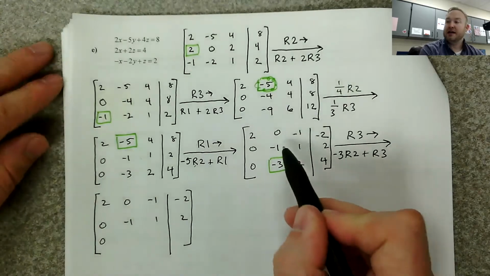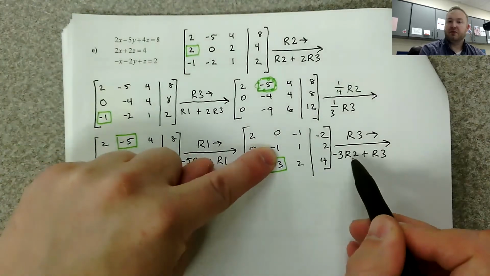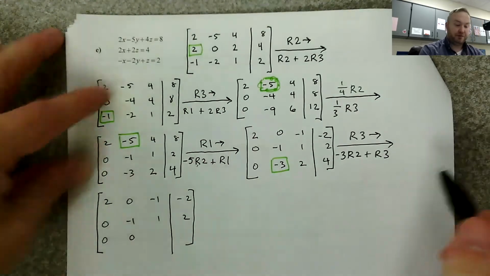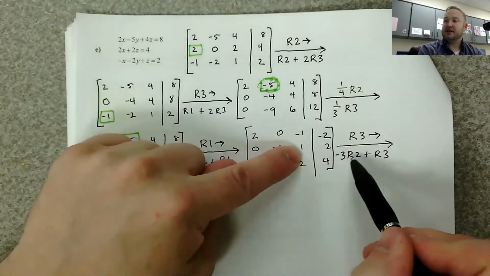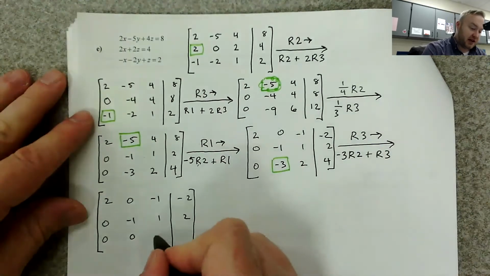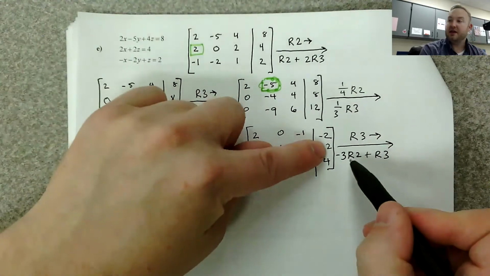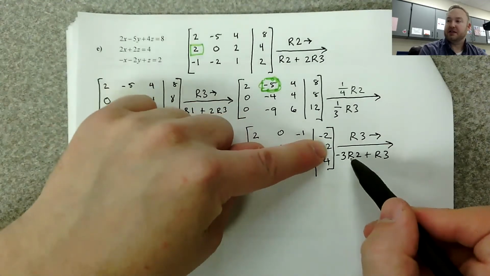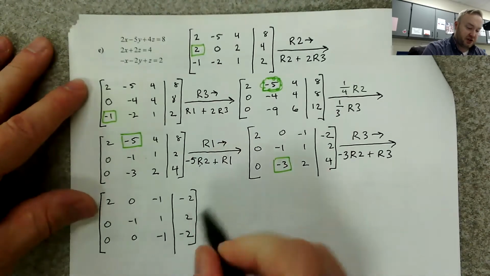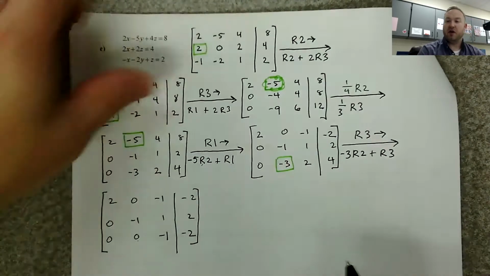Moving on. -1 times -3 is 3. 3 plus -3 is 0. Next, 1 times -3 is -3. -3 plus 2 is -1. And then 2 times -3 is -6. -6 plus 4 is -2. Excellent. We got that 0 where we want it.